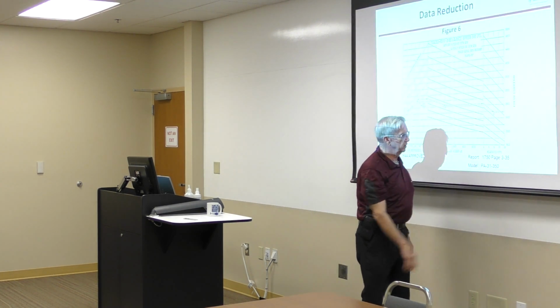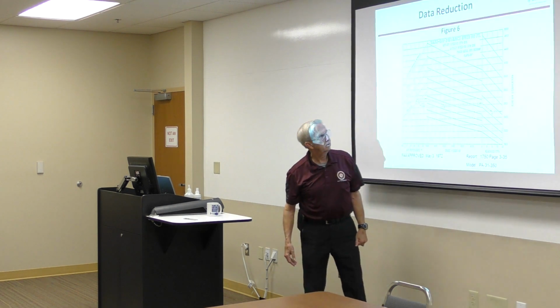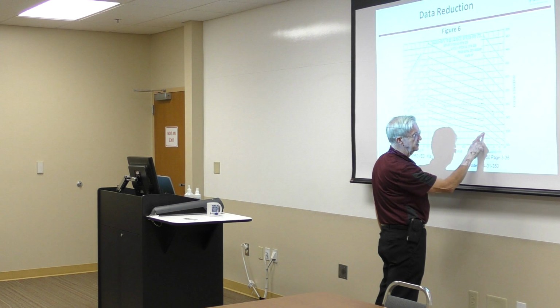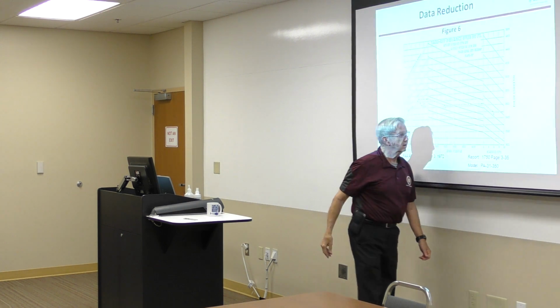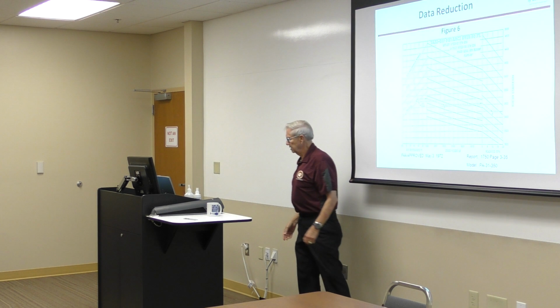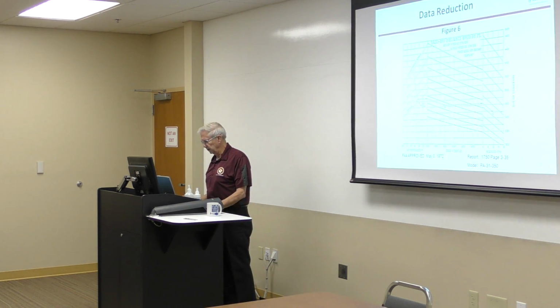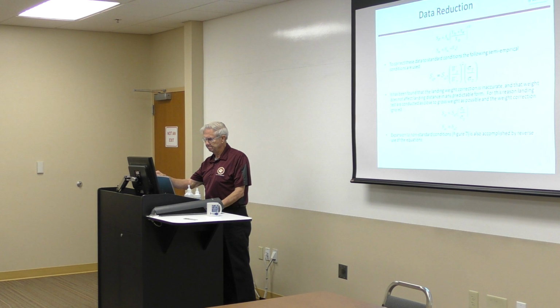This is for a headwind. Some people plot a tailwind on here, and in that case, these things would go this way. So this is what you're trying to get with those equations. You're trying to get to a chart the pilot can use for takeoff distance.